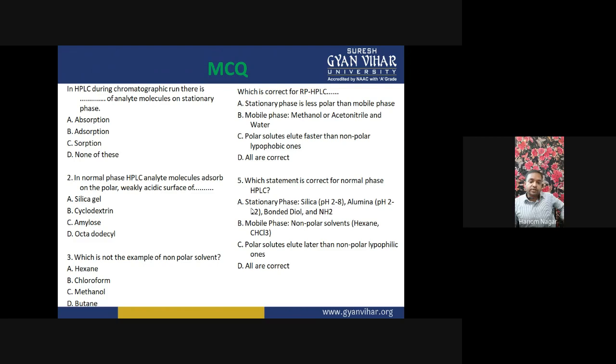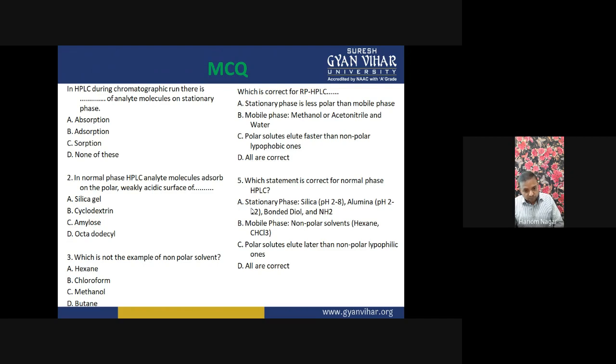These are used as stationary phases in normal phase HPLC, right? Option B: the mobile phase used in normal phase HPLC is non-polar solvents, such as hexane and chloroform. They are used. And polar solutes elute later than non-polar lipophilic ones. So actually all the options are correct.